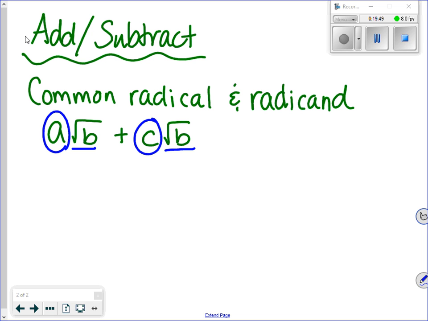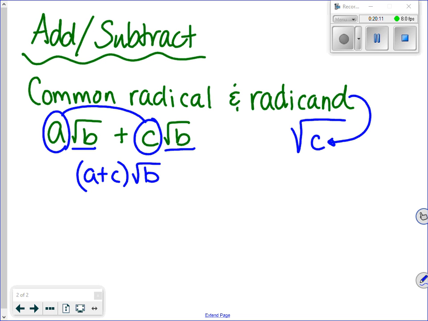So with radicals, you're just going to add the numbers in front. A plus C, and then that will be times the square root of B. So you get a common radical and common radicand. If those are the same, then you can add the numbers in front. Radicand is the number under the radical. So if I have this, the radicand is your C, the radical is this.